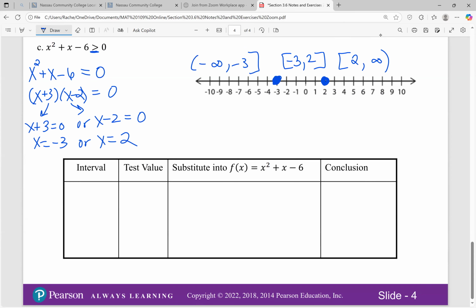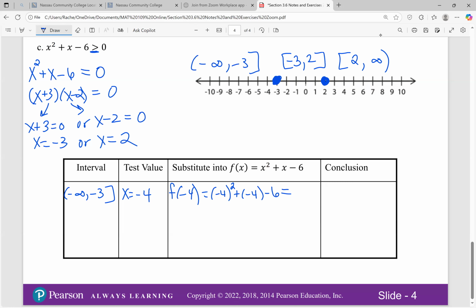So let's list our intervals, pick a test value, substitute, and come to a conclusion. My first interval goes from negative infinity to negative 3. So let's pick a number within that interval. I'm going to pick negative 4. Substitute it into f. We get f of negative 4, which is negative 4 squared plus negative 4 minus 6.